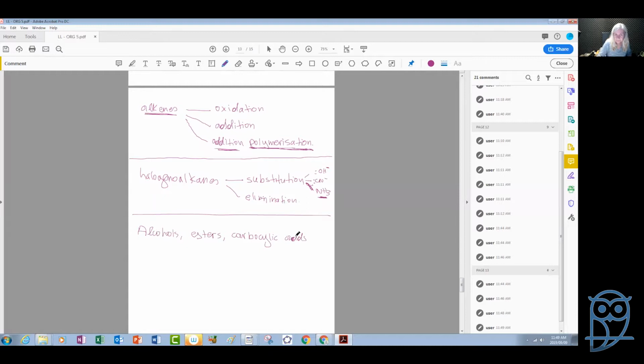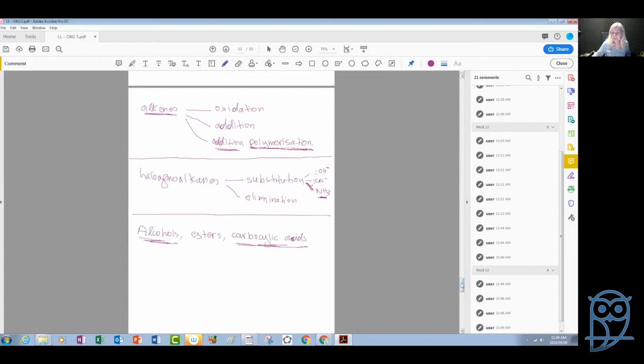Because all these are very closely linked, because if an alcohol reacts with a carboxylic acid, it produces an ester in the process that we call esterification, a very important aspect. And I would like us to talk about this esterification now.